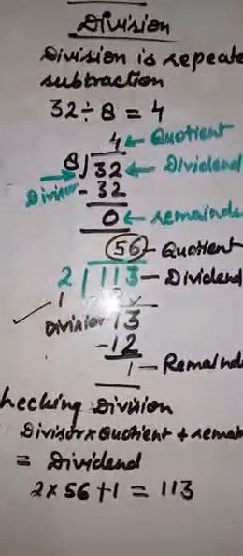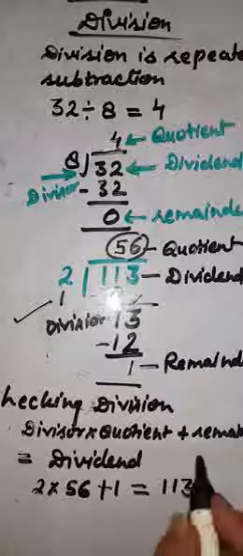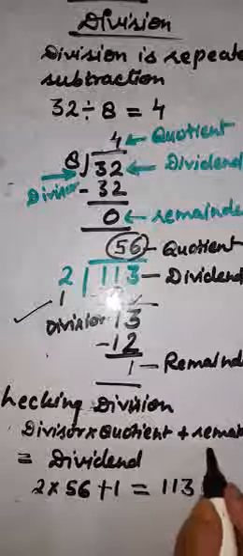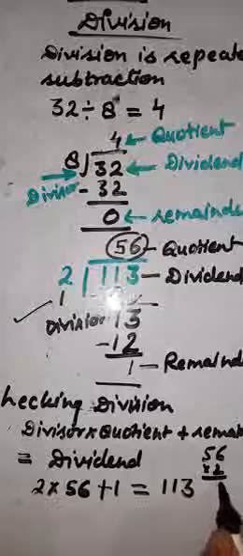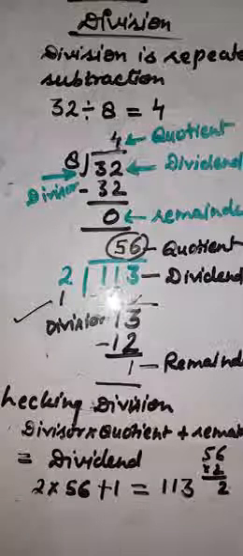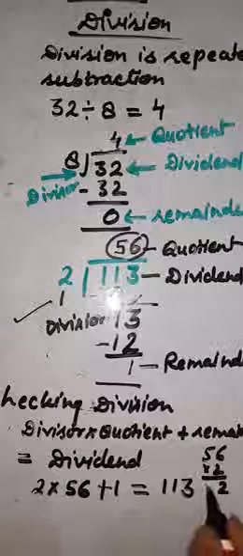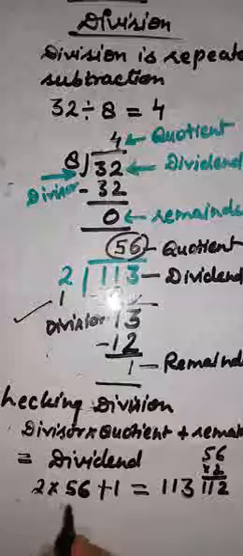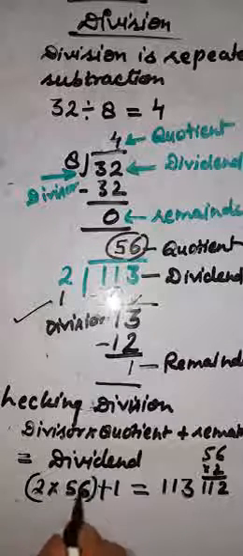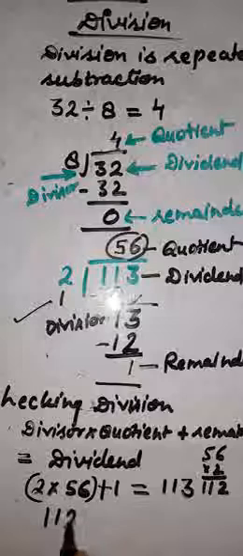Now children, just multiply here. 56 multiplied by 2. 2 6s are 12, so keep one carry in your mind. 2 5s are 10, 10 plus 1 is 11. So when we multiply 2 by 56, we get 112.